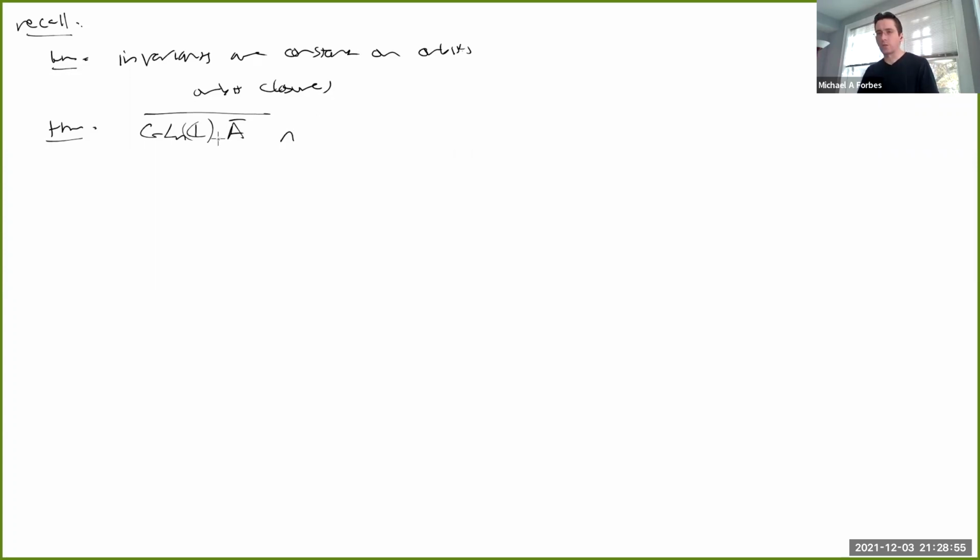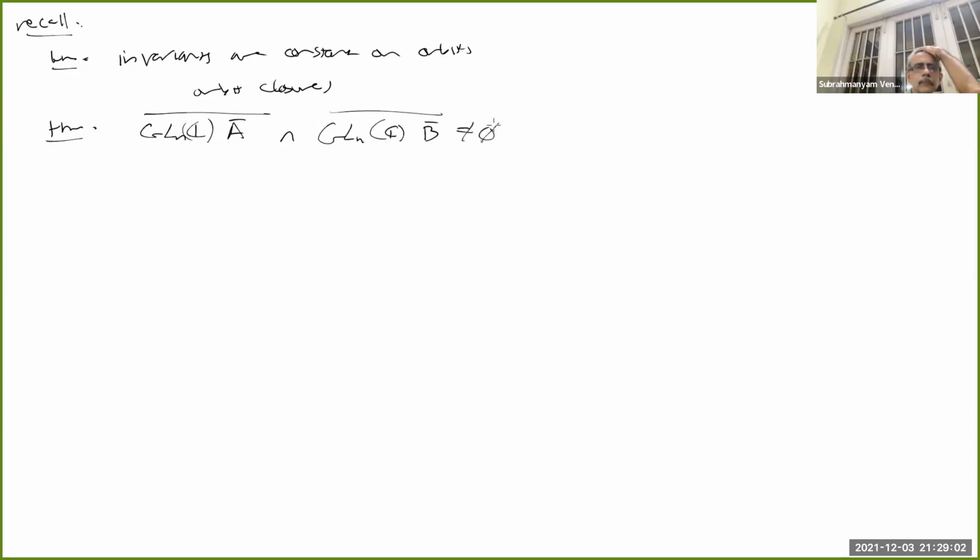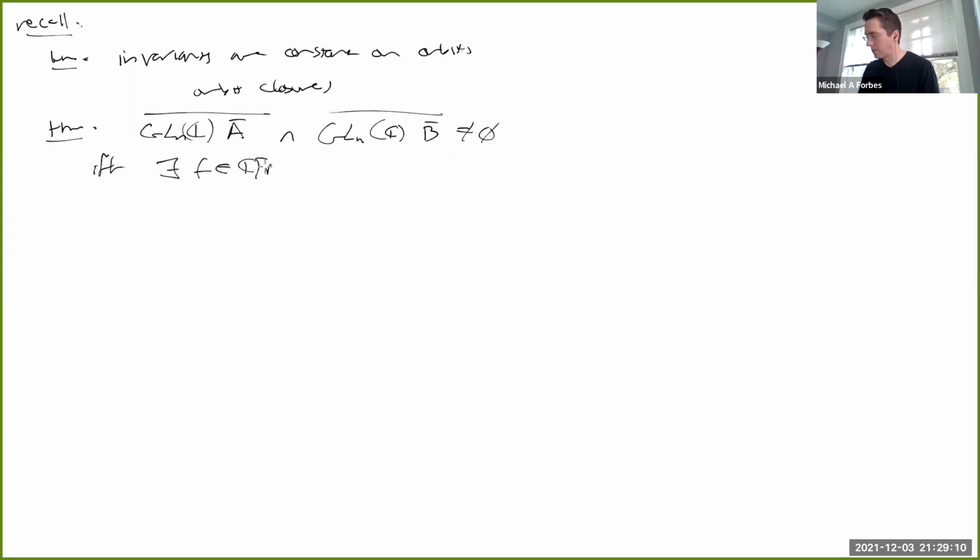But if we look at the orbit closure of the point A, and we look at the orbit closure of the point B, then this has an empty intersection if and only if there's some invariant F in the ring of invariants such that F on A is different than F on B. Basically what we're saying is that the orbit closures are in some sense the points of the variety. These are the points that the ring of regular functions can distinguish.